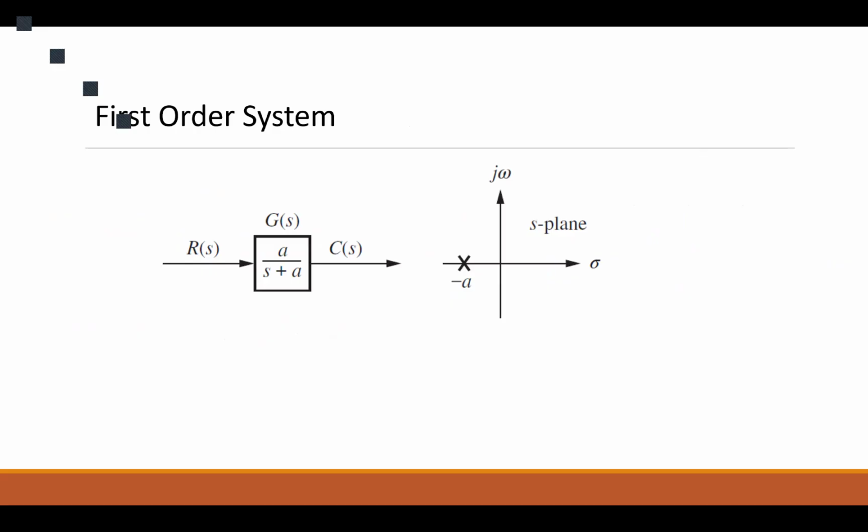No? Okay. When you talk about systems, the most common systems that you're going to see are either first order systems or second order systems. The general transfer function of a first order system, as the name says, would have one pole.